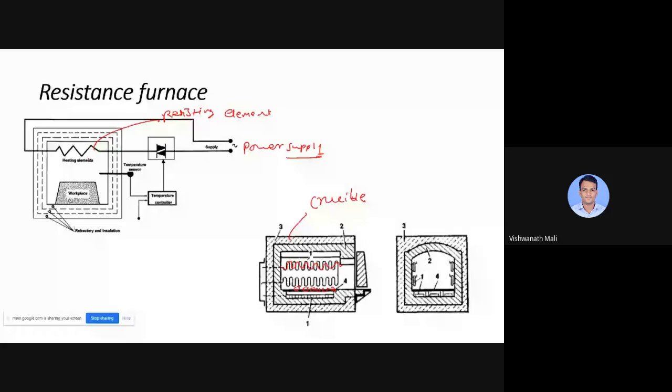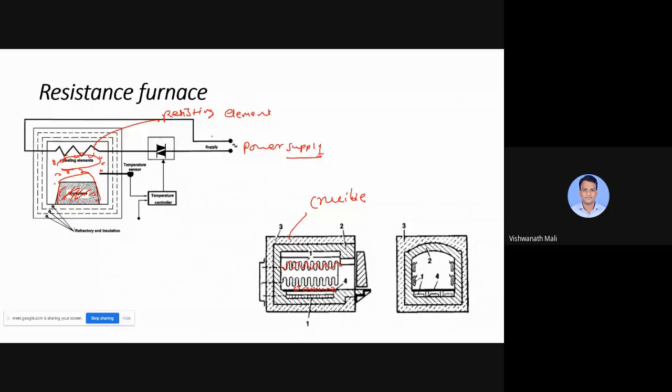And the heat generated by this resisting element is used to melt this workpiece. Workpiece means whatever scrap is there. So that scrap is heated with the help of the heat generated by the resisting element. That is the working principle of this.